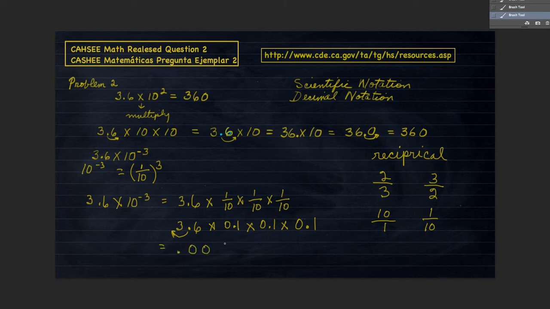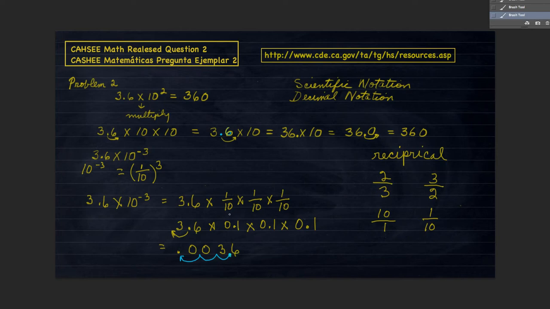So this is going to become 0.0036. Now remember, the point used to be here, and it moved now. Let me redo it here in blue. It moved 3 places: 1, 2, 3. And here is where the new point will end up.